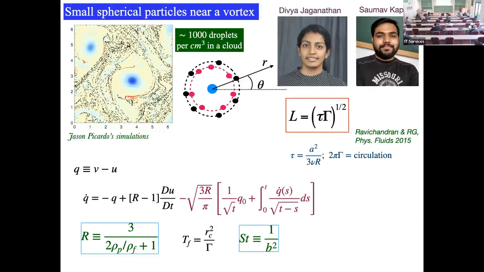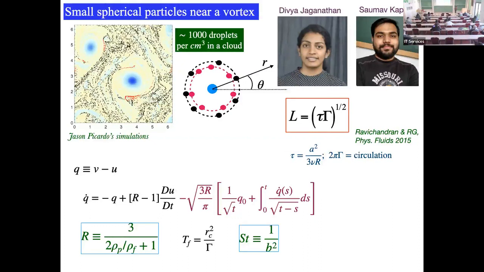And once you use this length scale and the particle time scale, so the particle time scale tau is just a squared, where a is the teeny radius of the teeny particle. Just to fix your thoughts, in a cloud, these teeny particles could be of the order of 10 microns, whereas the Kolmogorov scale is something like sub-millimeter. So the Kolmogorov scale is way, way, way bigger than the particle. So tau is a squared divided by 3 times the kinematic viscosity times this capital R. And this is an important non-dimensional parameter for us.